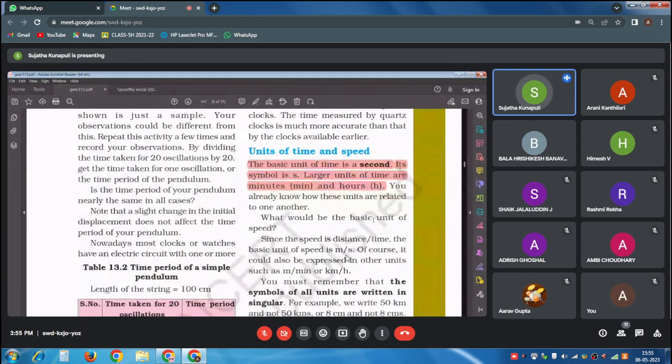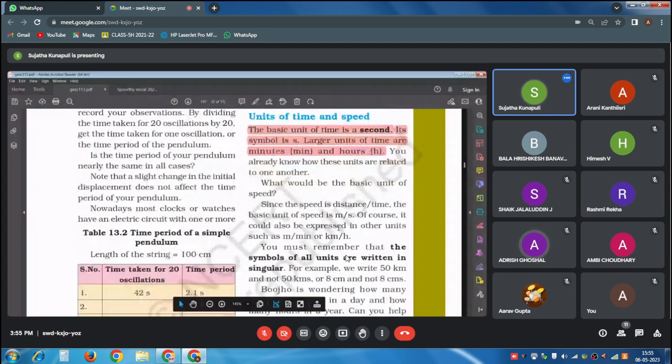What would be the basic unit of speed? Generally, when we are measuring speed, we will measure either in meters per second or in kilometers per hour. Since speed is distance by time, total distance covered by total time taken gives the speed of the object.